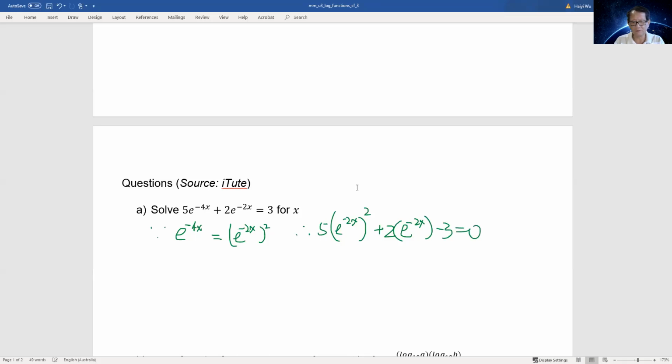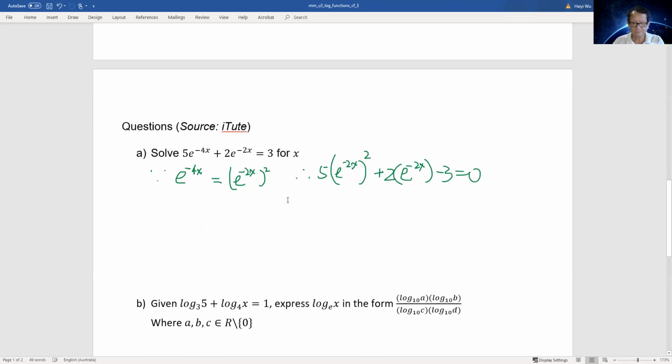So I move 3 to the left-hand side. You can see, obviously, this will be the quadratic equation in terms of e to the power of negative 2x. So I'm going to factorize into 2 brackets. The first one will be e to the power of negative 2x plus 1. Second bracket will be 5 e to the power of negative 2x minus 3.